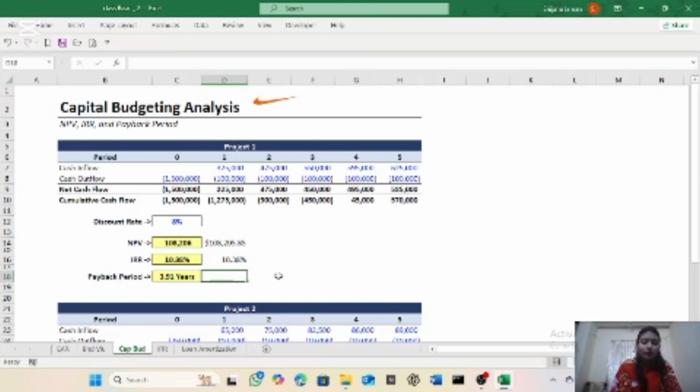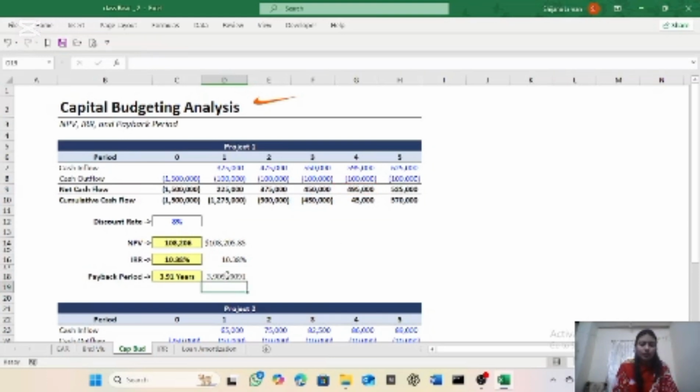So the formula would be equal 3 plus our ABS formula, number would be cumulative cash flow third year, which means here our positive cash flow starts. So third year cumulative cash flow divided by fourth year net cash flow, bracket close.